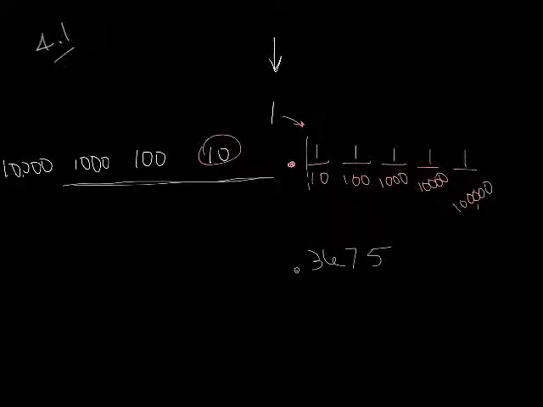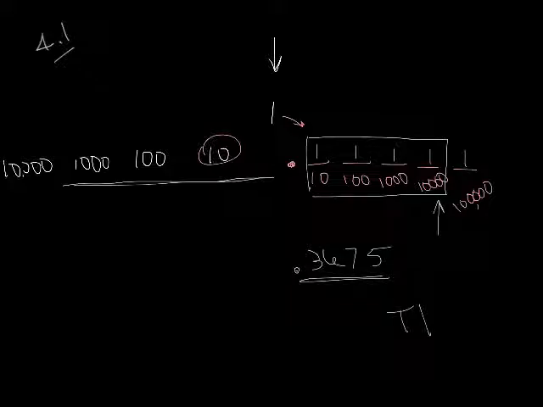So we are over 4 decimal places. So we call that 3,675 10,000ths with a TH spit at the end. You got to make sure you spit at the end. 10,000ths. Okay, so that's 3,675 10,000ths. It's not and 10,000ths, it's just 10,000ths.